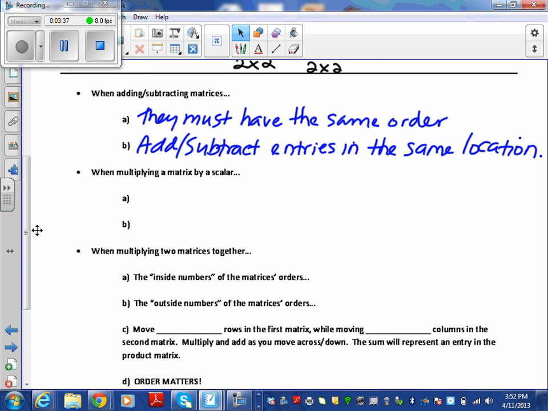Now we have this next bullet point. When multiplying a matrix by a scalar, you're pretty much just going to distribute that scalar to all the entries in the matrix. And that will not make the matrix order change at all. That order will stay the same.